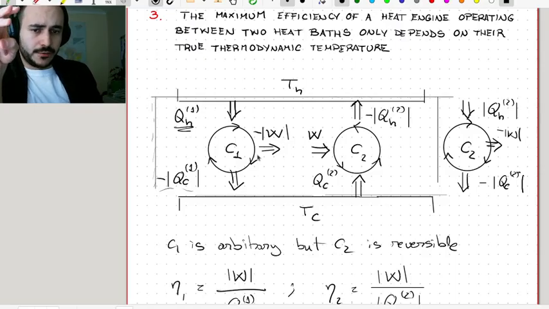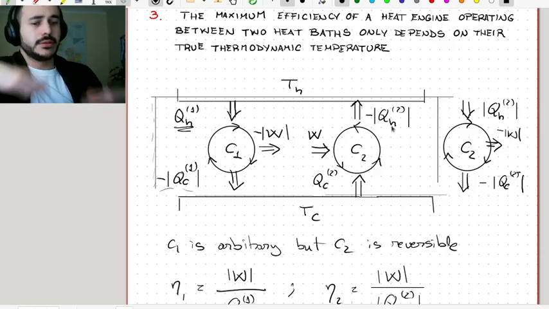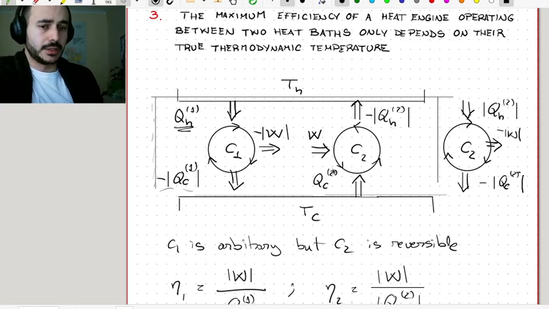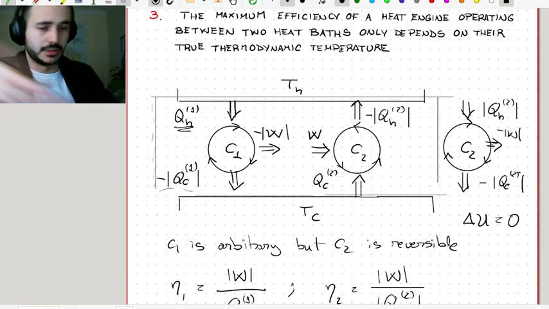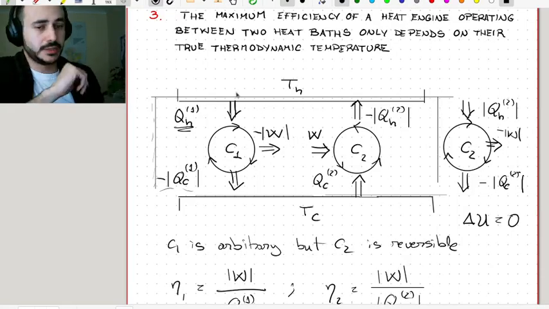First you run one cycle of C1, and then you run one cycle of C2. And this combined cycle together is going to be your total cycle. This is a cyclic process in which, in particular, the internal energy doesn't change because it's cyclic. So the whole thing, system C1 and C2, arrives at the same initial state after you have run one cycle of each of them.